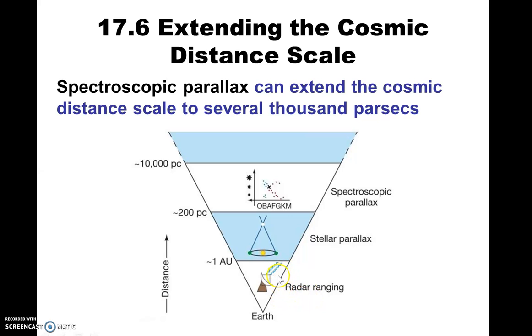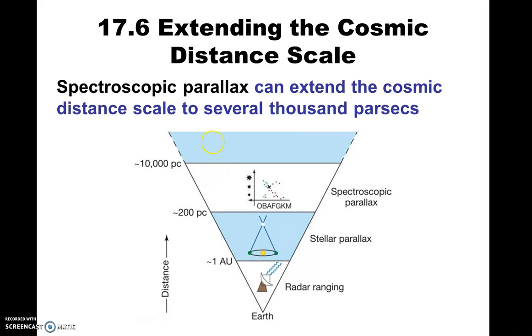When you get outside of the solar system, out to about 200 parsecs, which, as I mentioned, is now, because of the Gaia spacecraft, all the way out to 10,000 parsecs, you can use direct measurement of stellar parallax. Of course, Gaia has only been up in space for maybe half a dozen years or so.